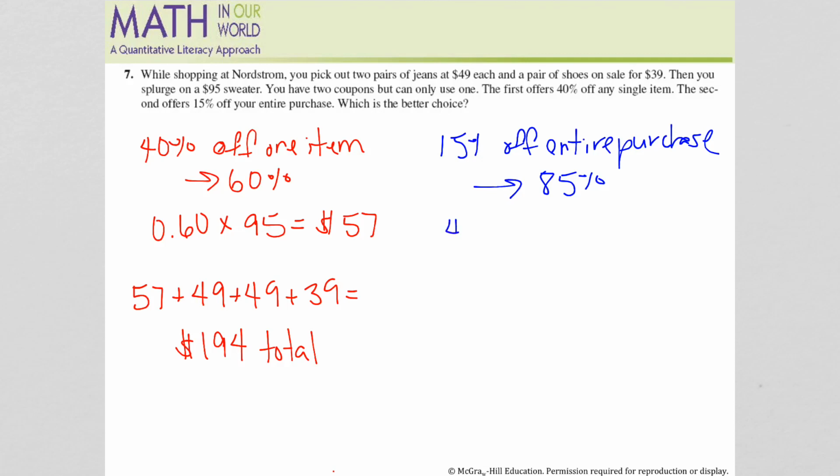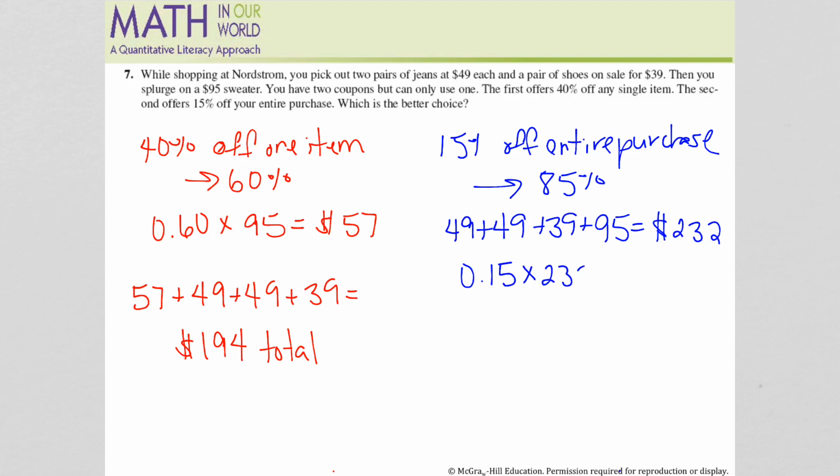So the original price of all these was $49 for each pair of jeans, $39 for the shoes, and $95 for the sweater, $232. So we take 85% of $232 and we get $197.20. So it looks like in this case we are better off using the 40% off the single item.